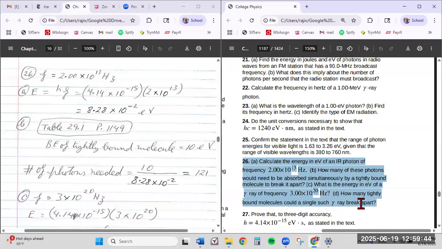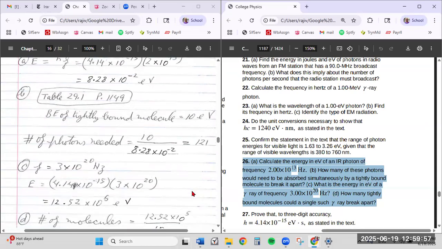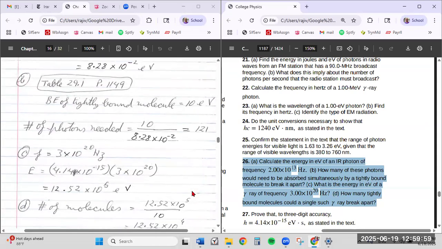And then we move on to gamma ray, which has a much higher frequency, 3 times 10 raised to 20. So that's our frequency. And we basically go through the same steps as in the previous parts. And we find that the energy of each photon is 12.52 times 10 raised to 5 electron volts.